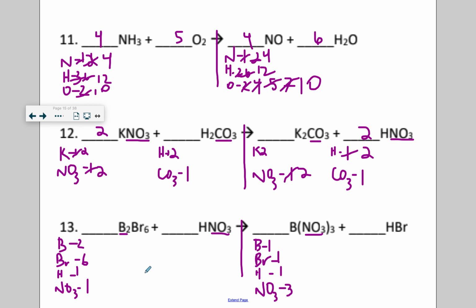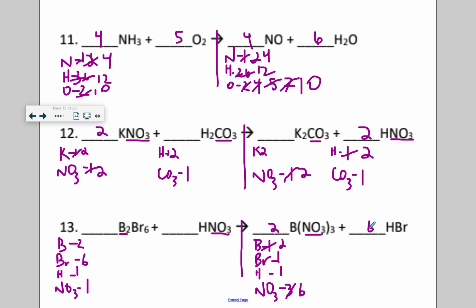Okay, so I've got 2 BRs here. Let's stick a 2 here and see what happens. So now I got 2 Bs. All right, so this 2 goes to everything, but there's 3 NO3s. So there's 3 NO3s times 2 gives me 6. All right, my BRs, 6, 1.